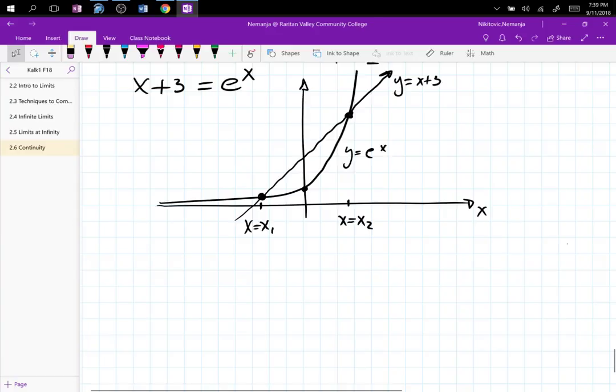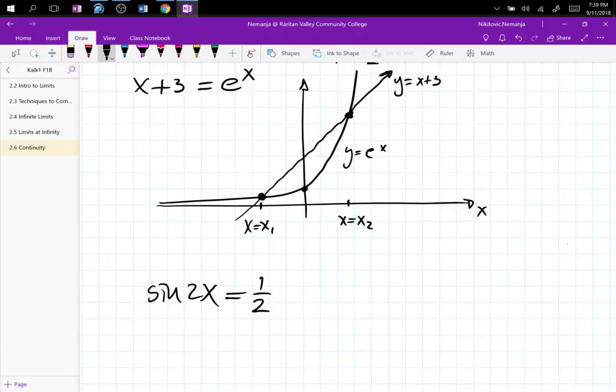You are also going to encounter equations that are quickly solved, like sine 2x is equal to 1/2, right? So what do we do?